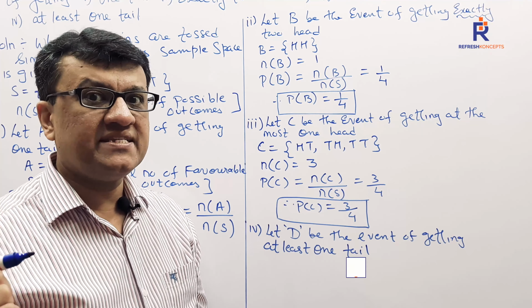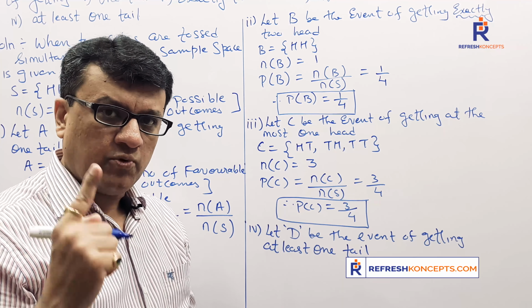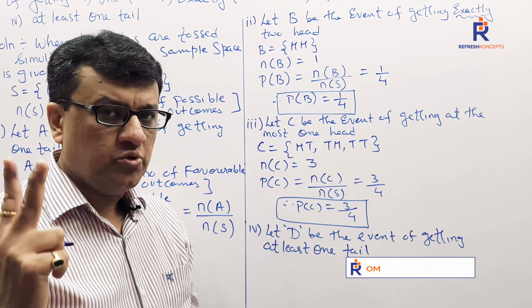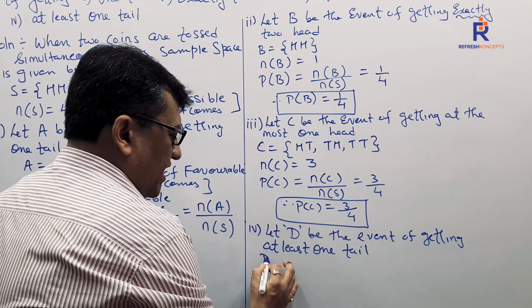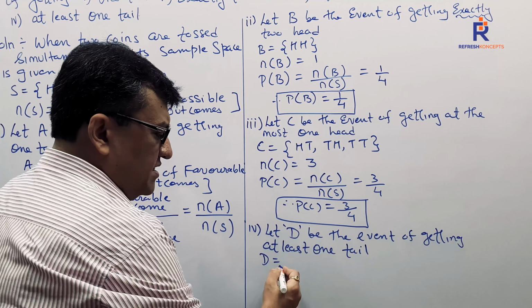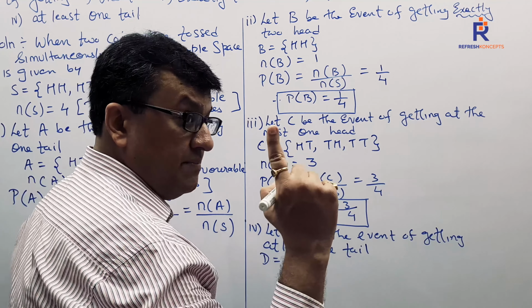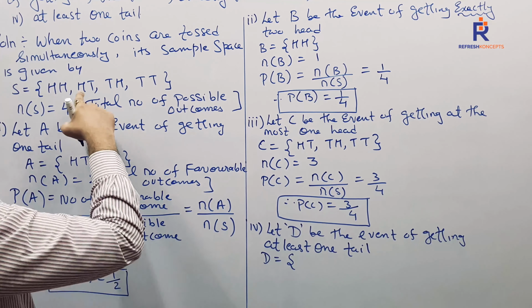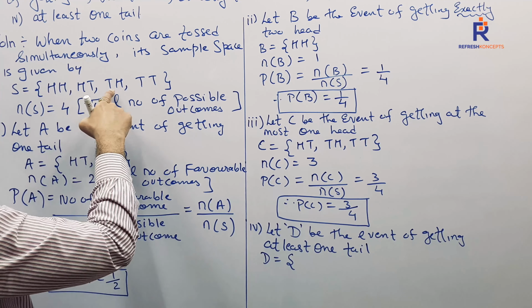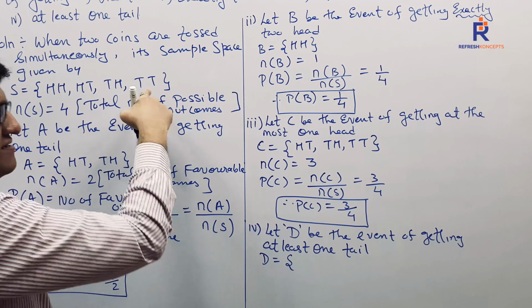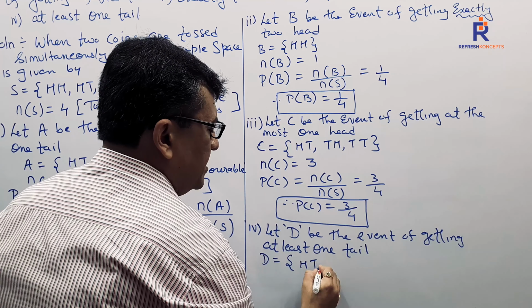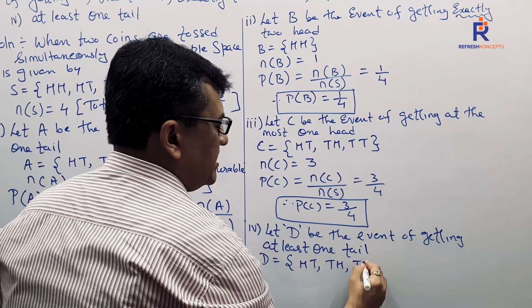Maximum two tails is accepted. Minimum one tail, maximum two tails. So what are the sample points going to be in this event? D will have minimum one tail, HT, and maximum two tails, TT. HT, TH, TT.